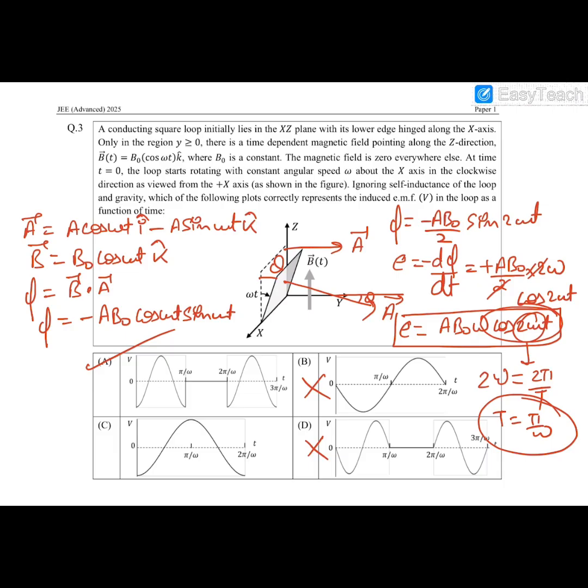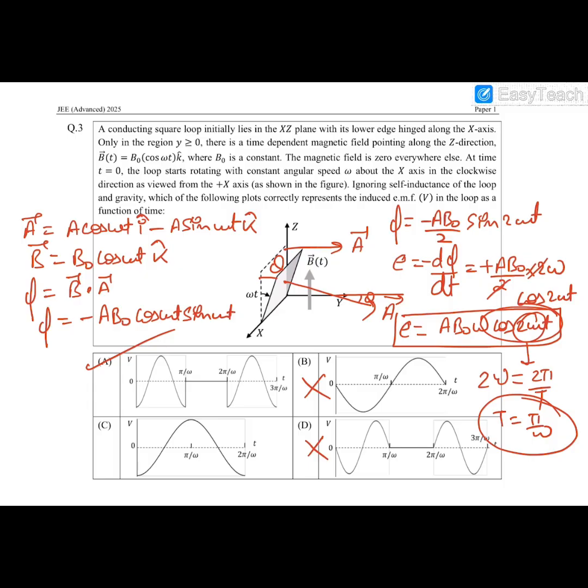Hence the EMF generated in the loop will be 0 when it is rotating behind the xz plane, and again when it comes to the positive x, on the right side of the xz plane, then EMF will be induced. So the correct option will be option A.